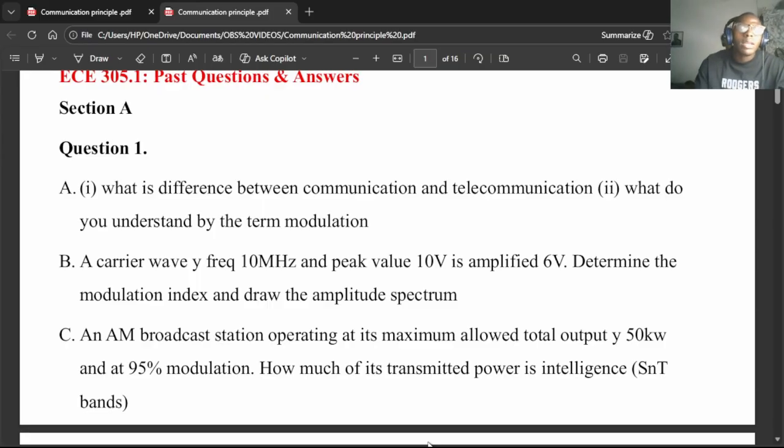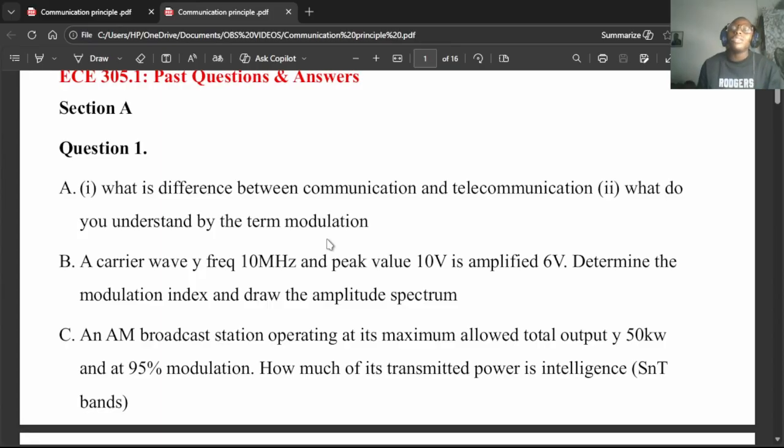Now what are we seeing? They are asking you what is the difference between communication and telecommunication, and what do you understand by the term modulation? So basically you have two questions, like 2 in 1 question.